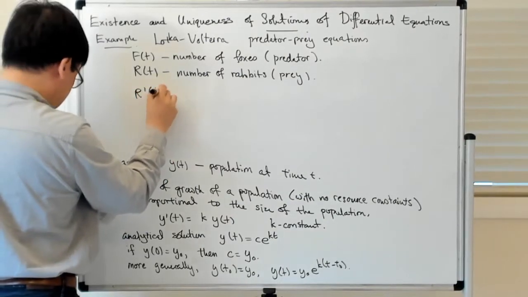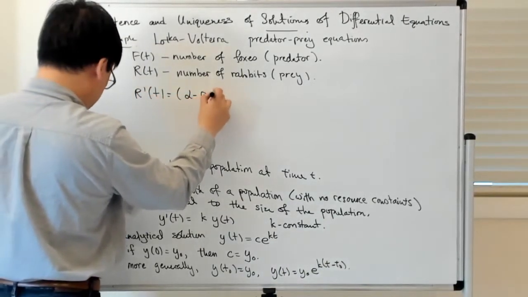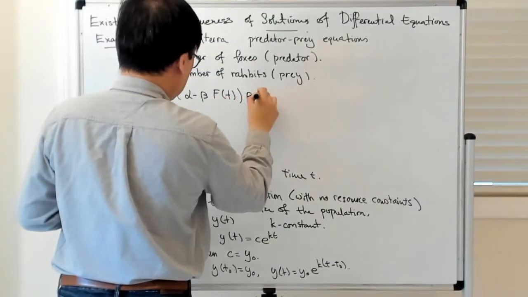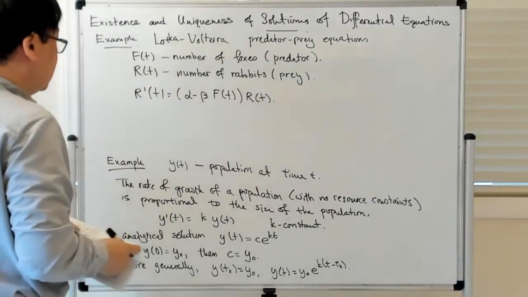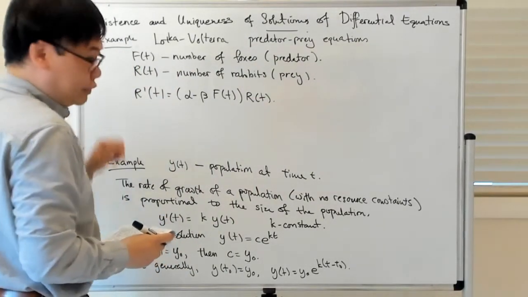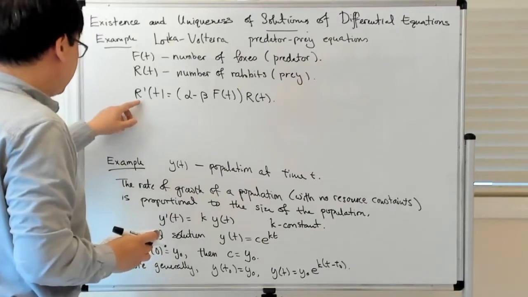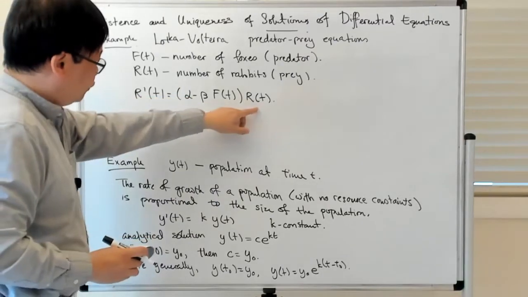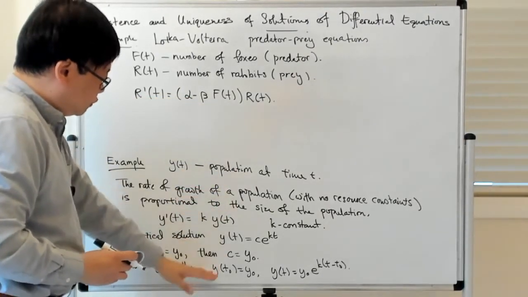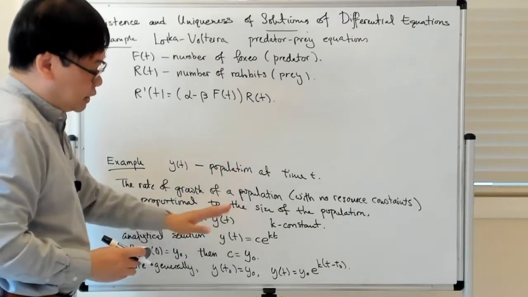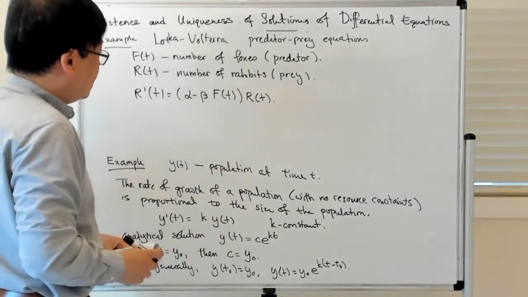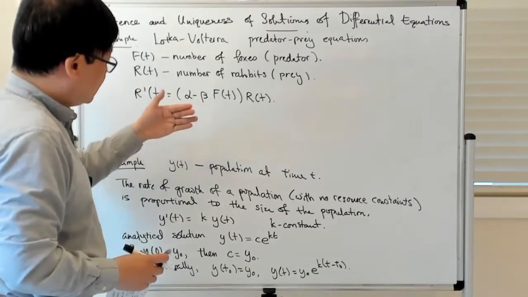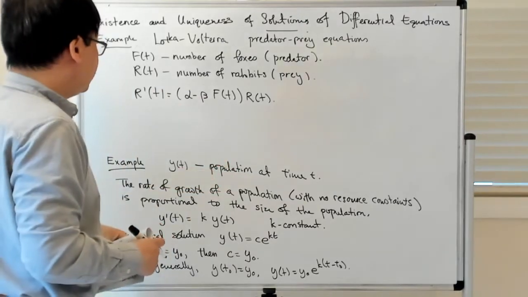So r prime of t is equal to (alpha minus beta f of t) times r of t. The way to interpret this is that the rate of change of the rabbit population has this growth term alpha times r of t, which we saw in the case where we discussed the absence of resource constraints, but there's some rate of predation which has to do with the number of foxes, and that has a negative impact on the size of the rabbit population.